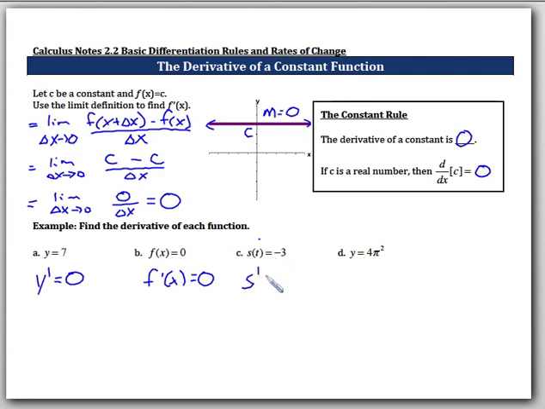So using our derivative notation, s prime of t equals 0. Now this next one looks a little bit funny. It's 4 pi squared. Well, pi is a constant, so pi squared is a constant, and times 4 is still a constant. So for letter D, y prime still equals 0. Got it? Pretty simple.